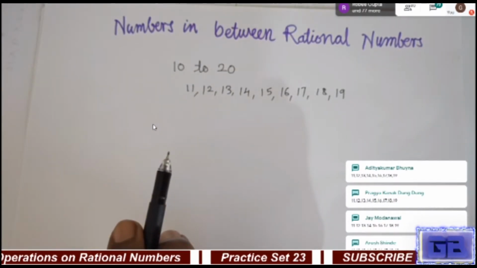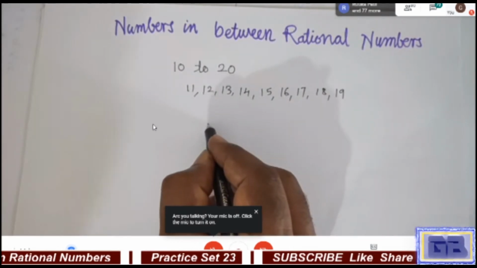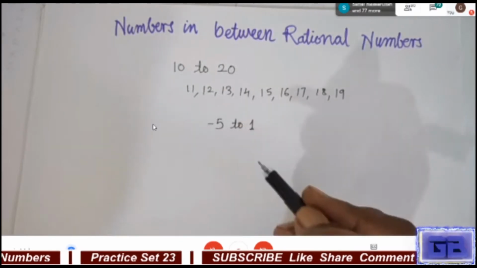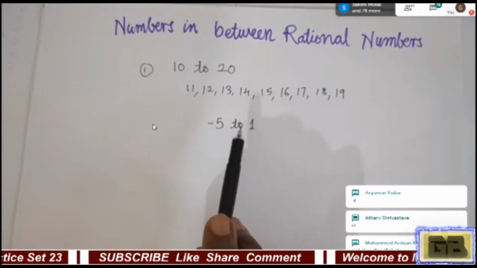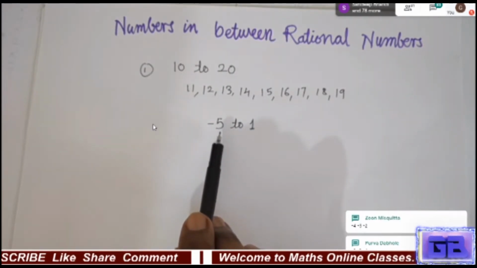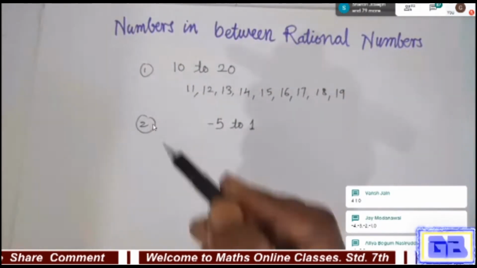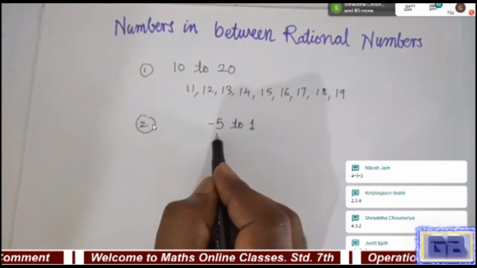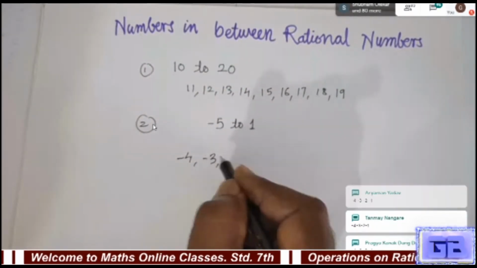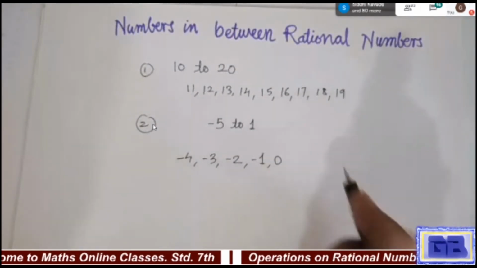Now next question. If I ask you, tell me the numbers between -5 and 1. Type all the numbers. Yes, very good. The integers in between are -4, -3, -2, -1 and 0.